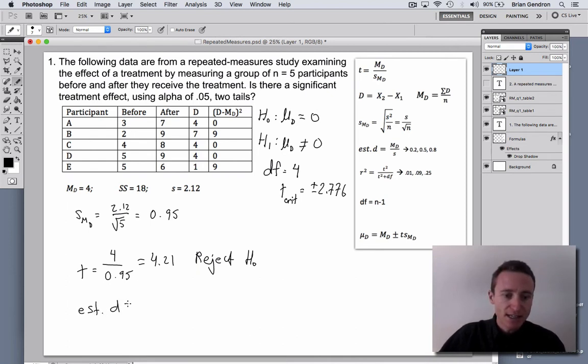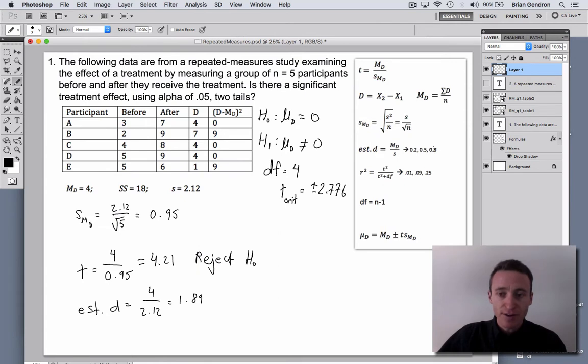So for the estimated d value in this study, we take our mean difference of 4 and divide by the standard deviation. It's telling us how many standard deviations on average scores changed by. And what we get is 1.89.